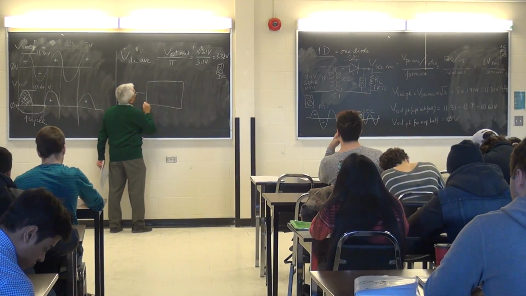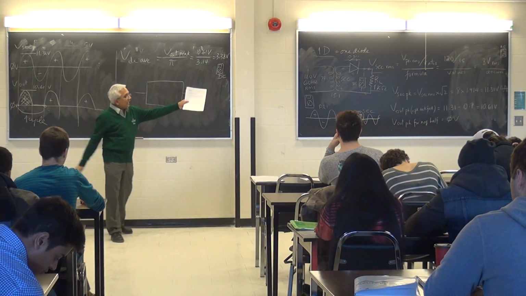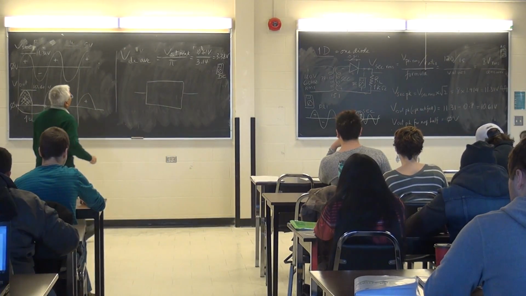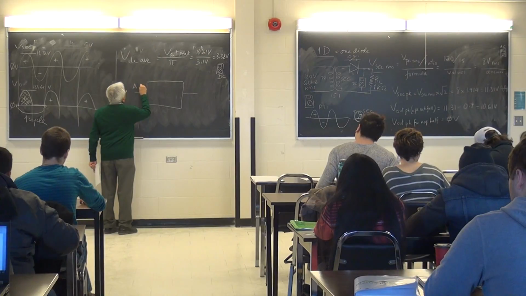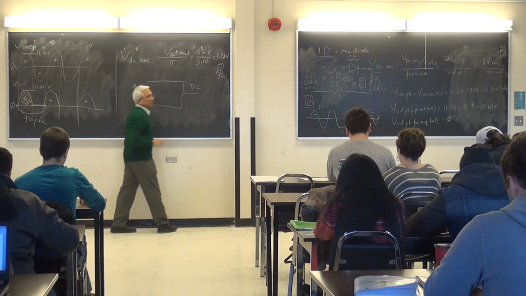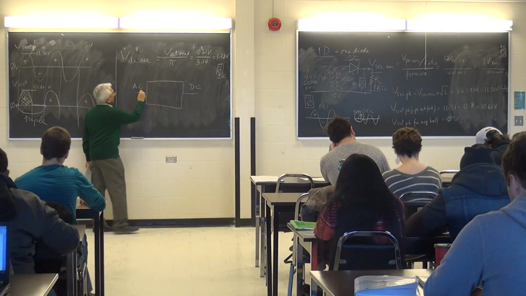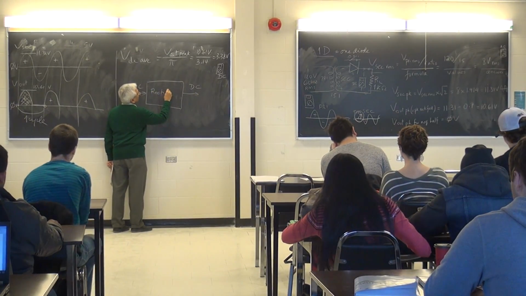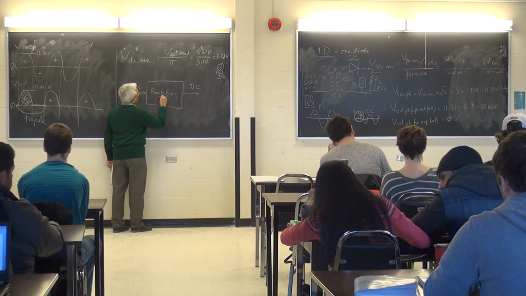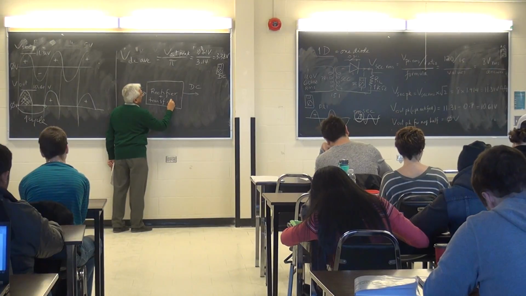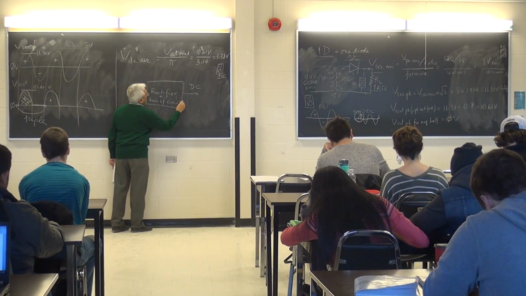Watch. If I was to show this as a block diagram, I've got AC coming in and DC coming out. Do you see that? And this is my rectifier circuit.